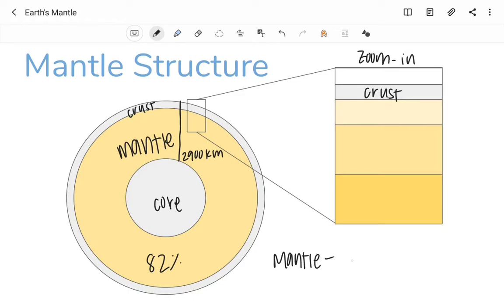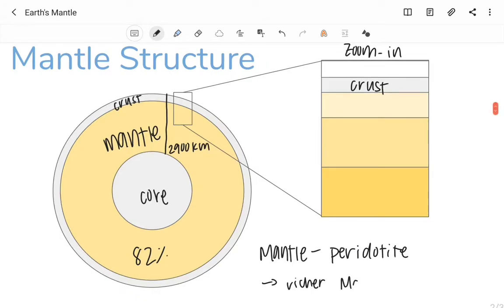The mantle is primarily composed of the rock known as peridotite, and it differs from the crust in chemical composition because peridotite is richer and contains higher concentrations of magnesium and iron. So that's the chemical composition difference between the crust and the mantle.